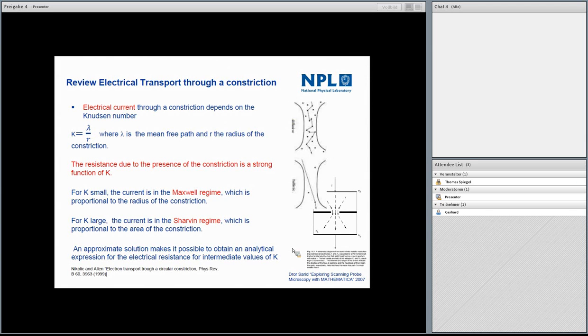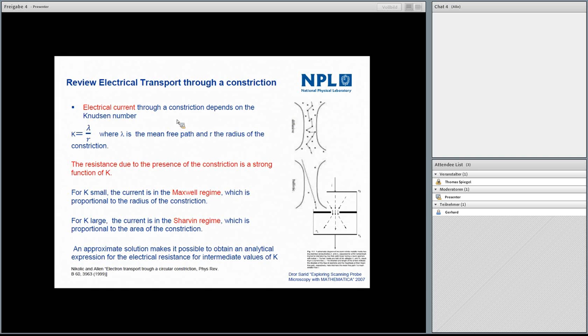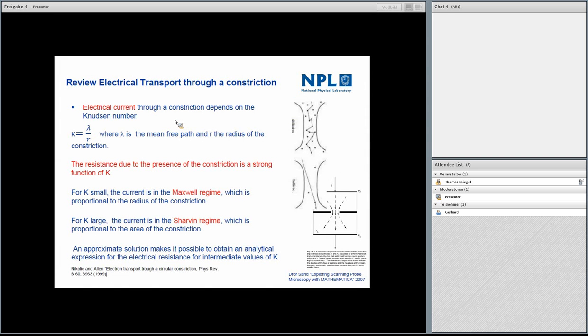And for example, in the case of electrical current going through these nanometer constrictions, the type of transport will depend on the Knudsen number. This is something well known for people doing vacuum, and it's exactly the same concept here.